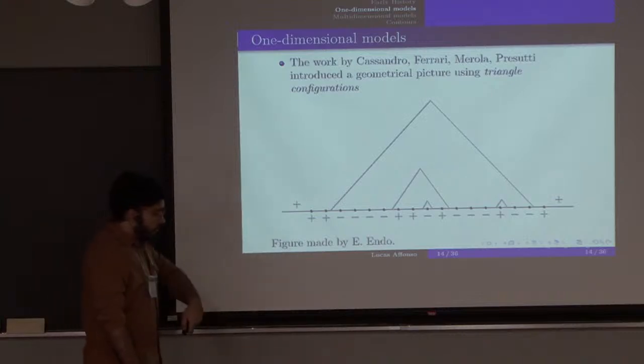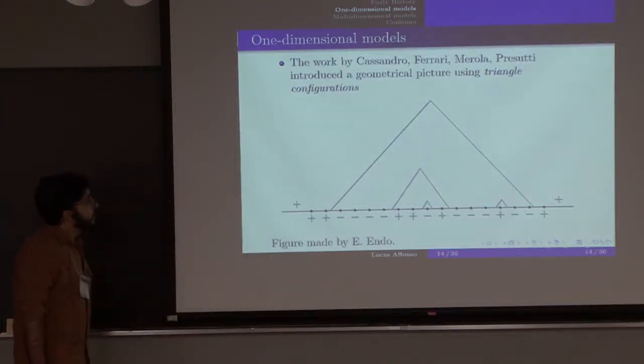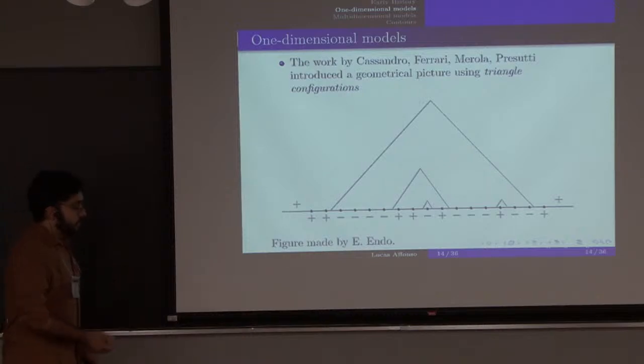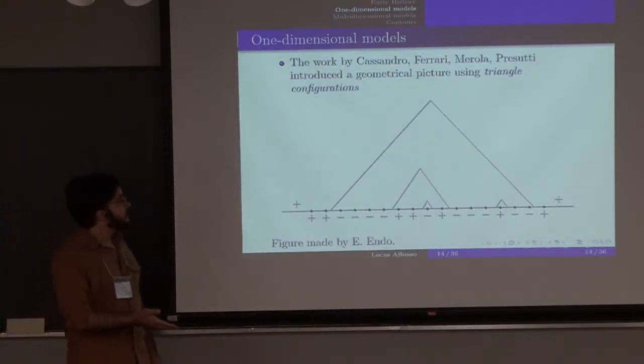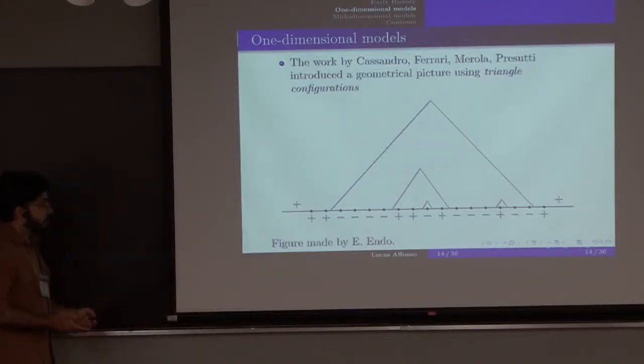So if you look at the paper by Cassandro, Ferrari, Merola, and Presutti, they did something. They still studied the spin flips, but now they introduced a geometric picture of these spin flips. What they did is that they defined some triangle configurations, and the idea is that you divide the spin flips using these triangles.